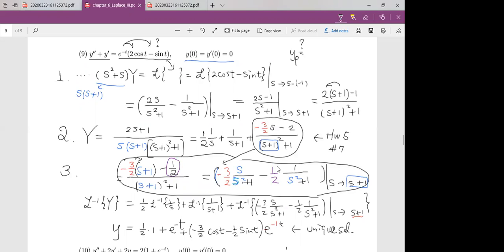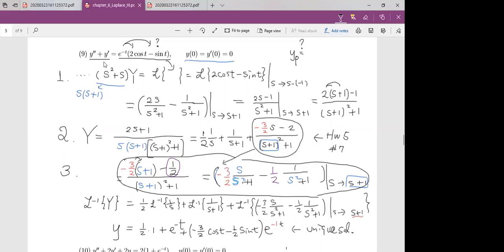It may take some time, but you need to practice this algebra of rewriting. Then once you read that as a translated version, you apply the inverse form of the first translation theorem. Then you can find the unique solution. So this problem number 9 is quite an advanced problem. And a good problem, of course.